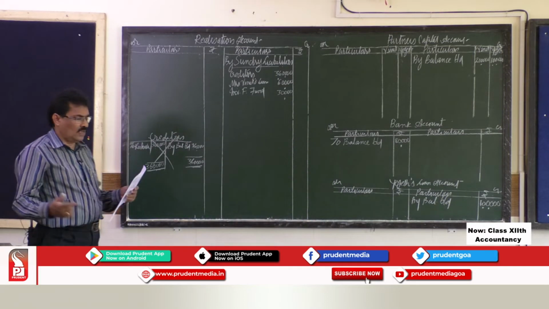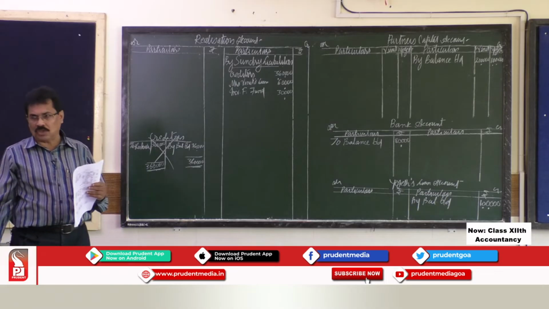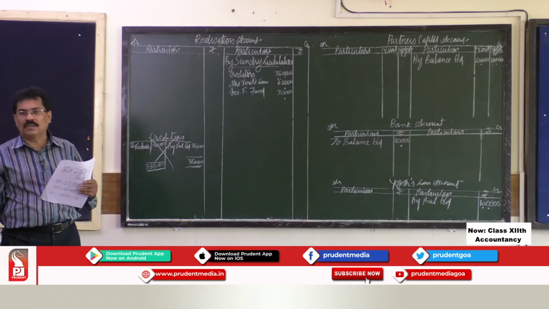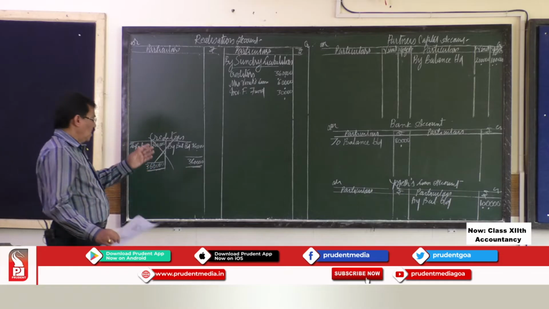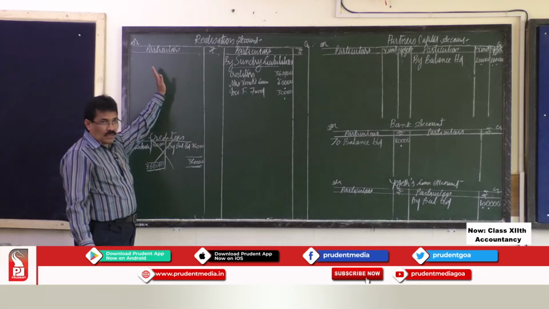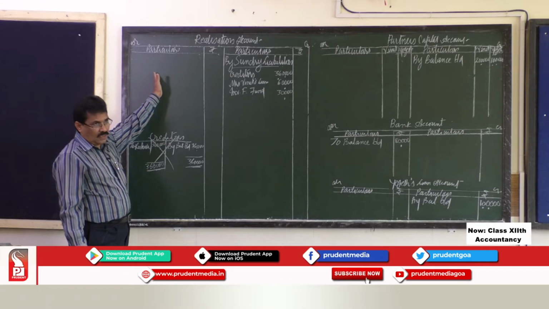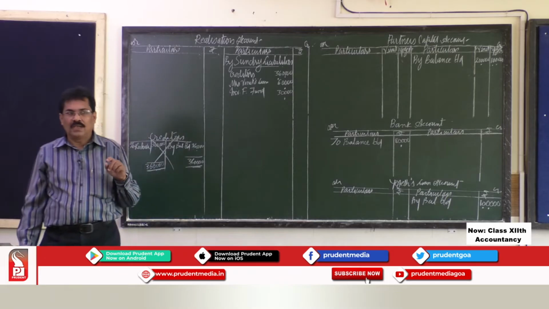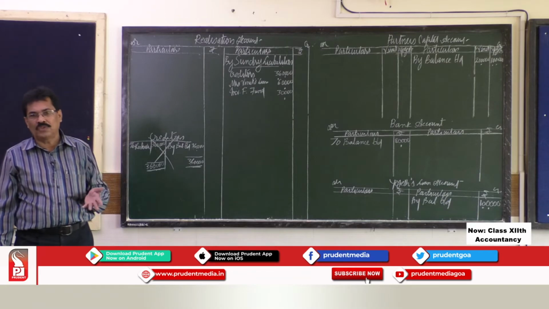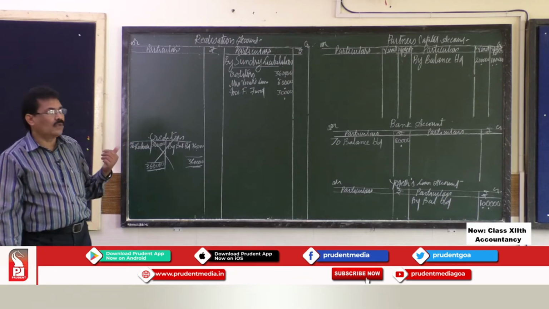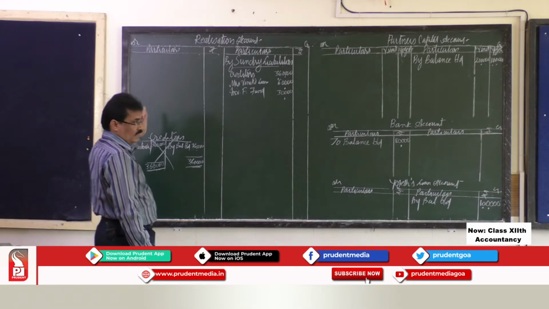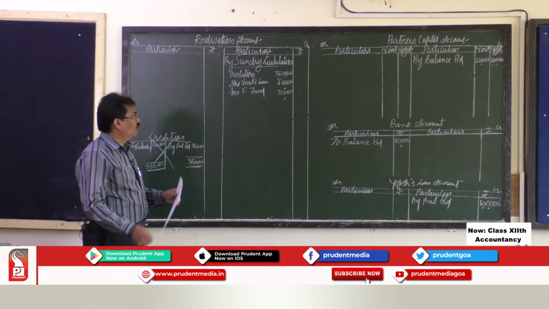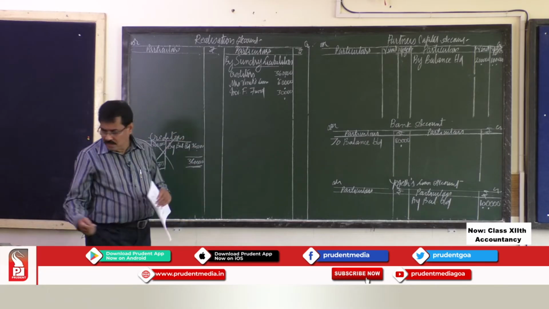Then we have other assets like stock. I told, transfer all realizable assets. Realizable asset means the asset which can be disposed of and you can recover money on sale of those assets. So, only those assets you have to transfer.